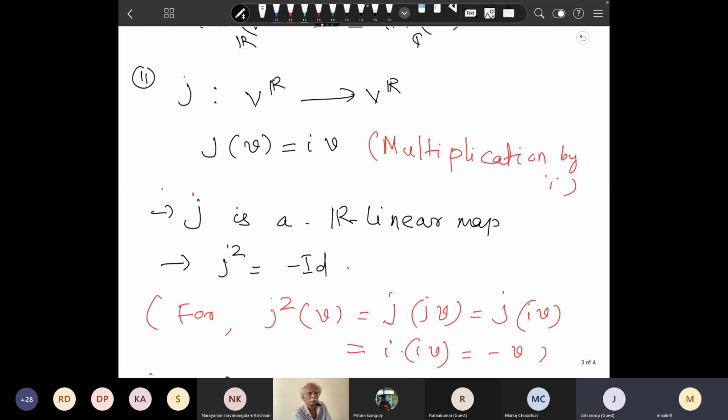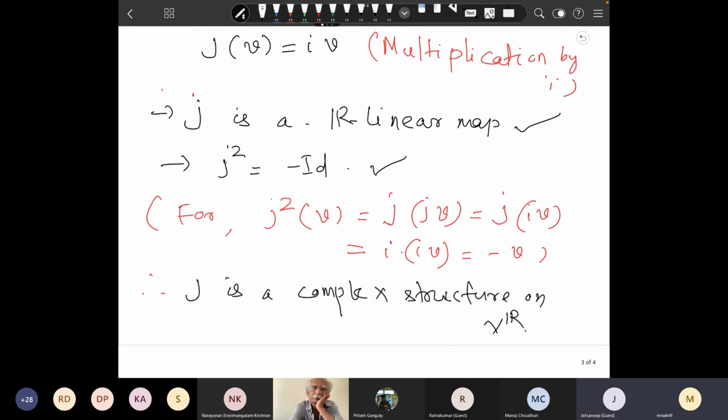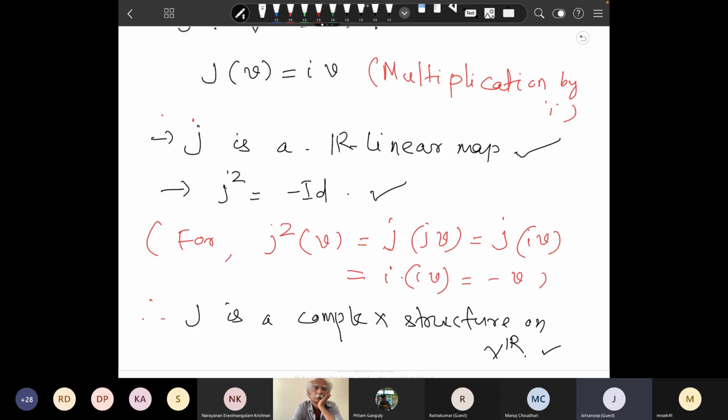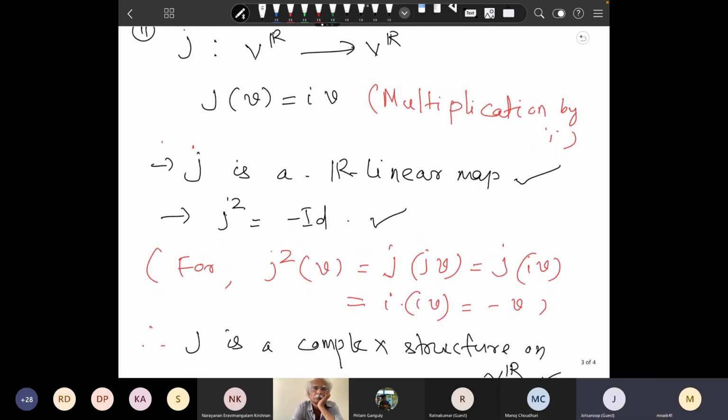Now on V_R, scalar multiplication by i is well defined because it is already a complex vector space. So I define this map Jv is equal to iv. So J is an R-linear map and J squared is equal to minus identity. So J is a complex structure here. Do you agree with this? Yeah, that's okay.